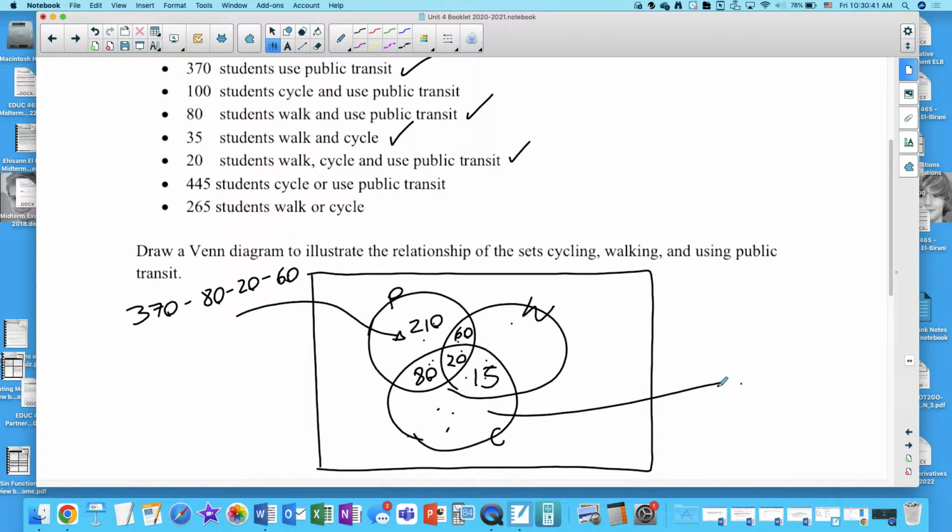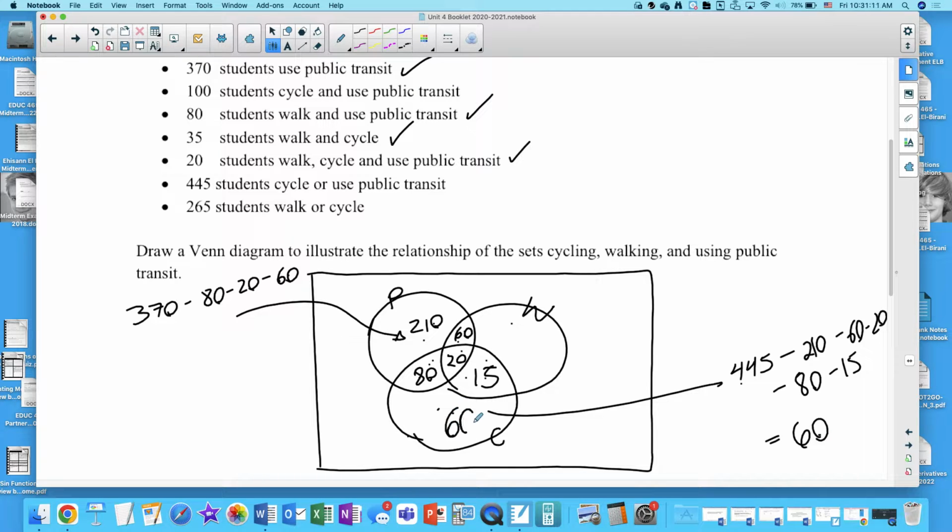This one is going to be 445 minus all of these other regions: 210 minus 60 minus 20 minus 80 minus 15. So I have 6 to start off with, I'm subtracting the other 5. I don't know what that comes to. It comes up to 60? Okay, so this is 60.